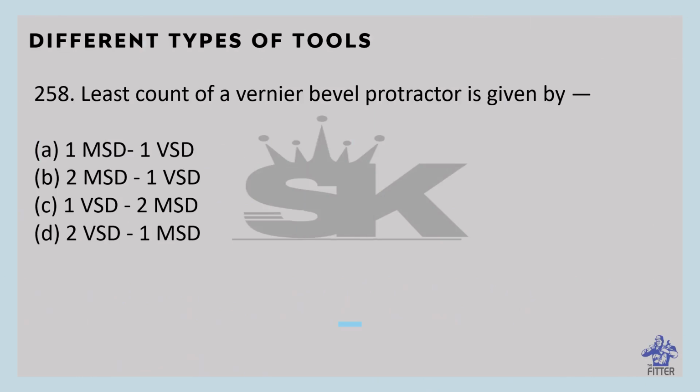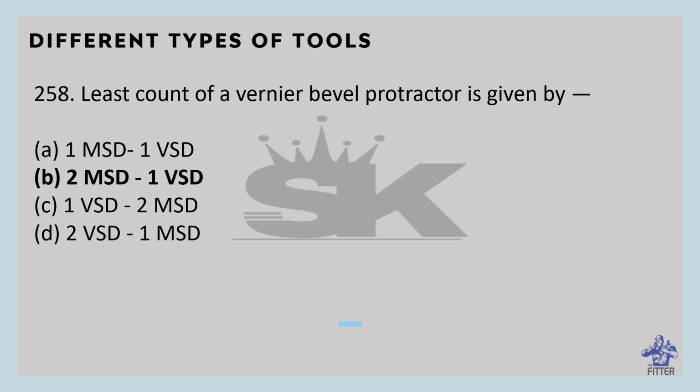The least count of a vernier bevel protractor is given by 2 times the MSD minus 1 vernier scale division. When the zero of the vernier scale coincides with the zero of the main scale, the first division of the vernier scale will be very close to the second main scale division, as the least count is 2 MSD minus 1 VSD.